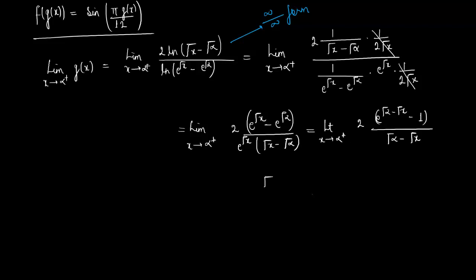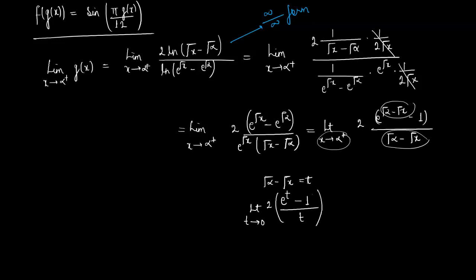If I suppose root alpha minus root x is equal to 2t, then the limit will also get substituted, root alpha minus root x will be nothing but t tends to 0, because this particular limit is making this particular argument 0, so it must satisfy this fraction as well.